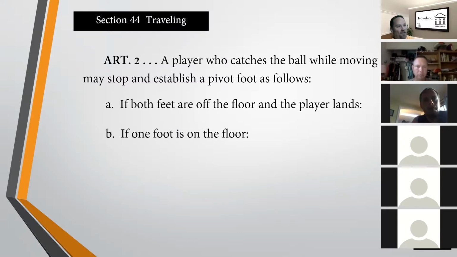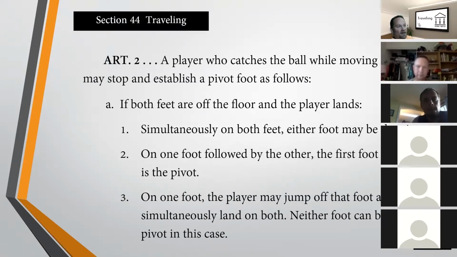If both feet are off the floor, and if one foot is on the floor. So let's talk about the first one. If both feet are off the floor, they're moving. Both feet are off the floor. I guess it's impossible not to move when you're in the air. If you land on both feet simultaneous, it's just as if you caught the ball with both feet on the floor. You can pick either foot that you want.